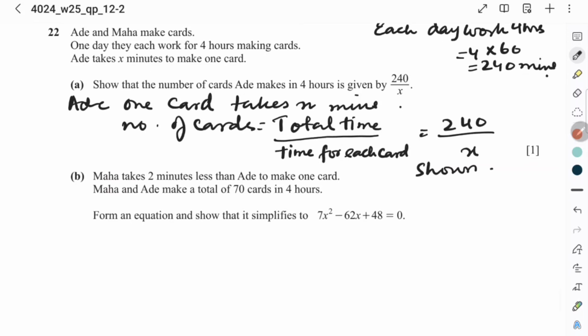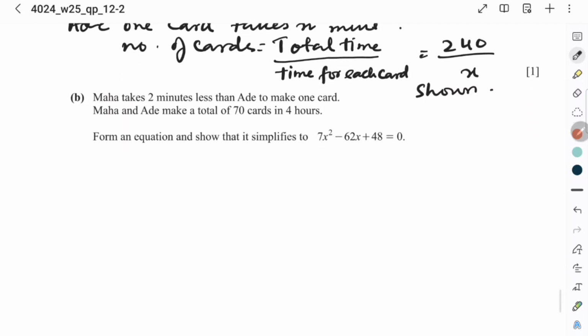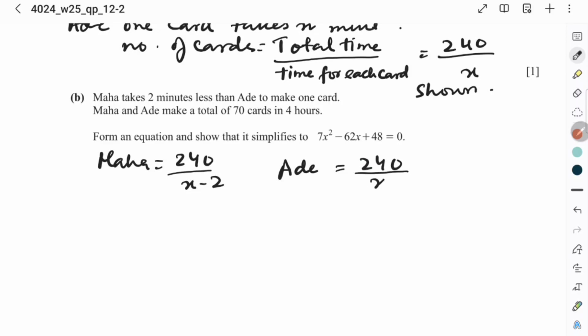Maha takes 2 minutes less, so that will be X minus 2 time. Maha takes 2 minutes less than Eddie to make one cake, so for Maha it will be 240 over X minus 2, and for Eddie we know that it is 240 upon X. Maha and Eddie make a total of 70 cakes in 4 hours. So we have these timings for 4 hours because we took 240.